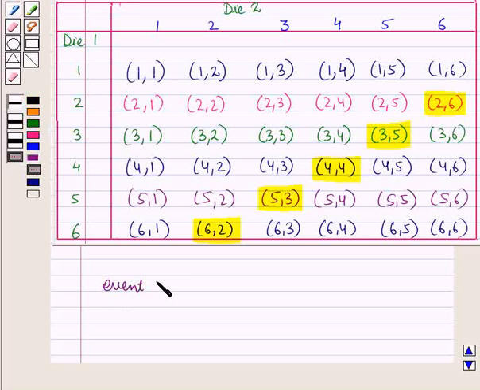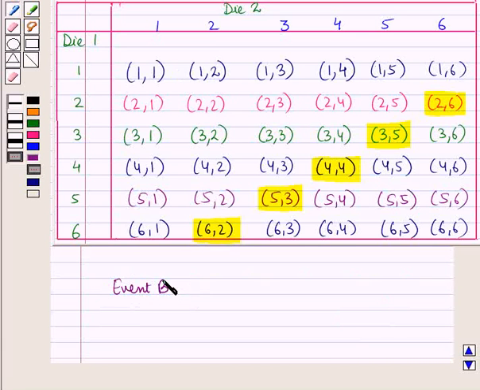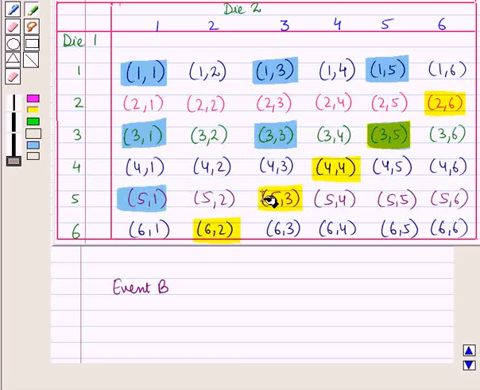So event A is a set containing the ordered pairs (2, 6), (3, 5), (4, 4), (5, 3) and (6, 2), and for event B we will write those outcomes having odd numbers on both dice, and the outcomes are the ordered pairs (1, 1), (1, 3), (1, 5), (3, 1), (3, 3), (3, 5), (5, 1), (5, 3) and (5, 5).